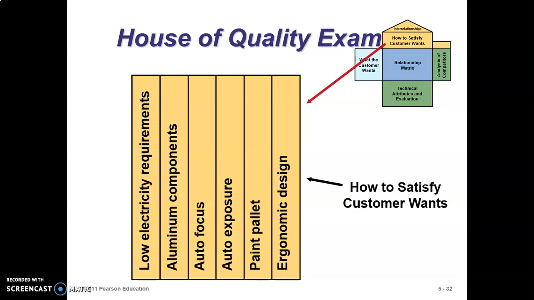So first, low electricity requirement, aluminium components, so that camera will be lightweight, and autofocus, because it is easy for customer to use the functions of the camera. So we have autofocus, auto exposure, paint palette, and ergonomic design for easy to hold steady, so that kamera tu kita boleh guna dengan kita boleh pegang dengan senang, tak lenguh, then it is more lightweight lah.